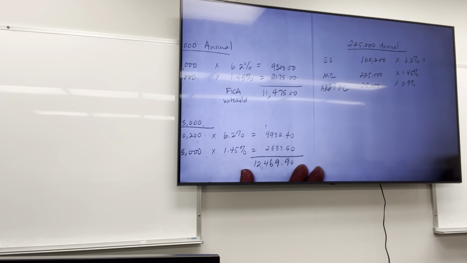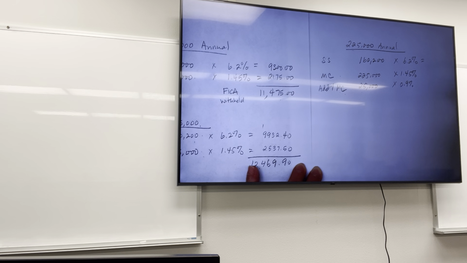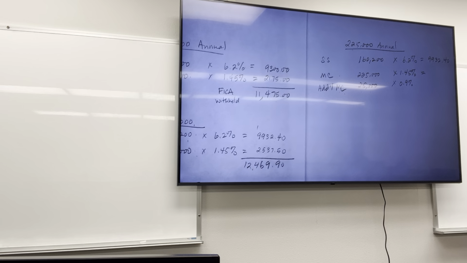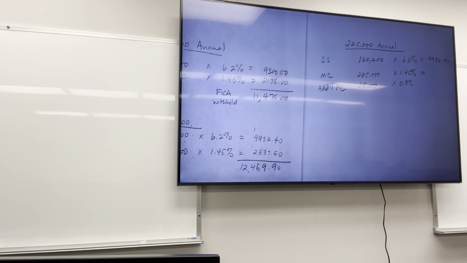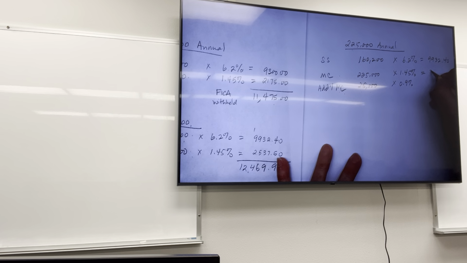So, our tax for Social Security is going to be the same, $9,932.40. Now for Medicare tax, $3,262.50.